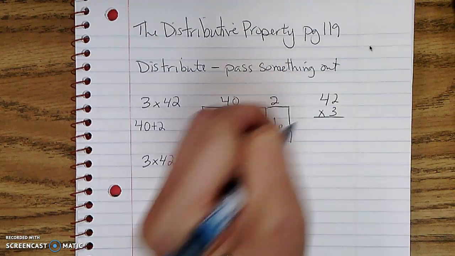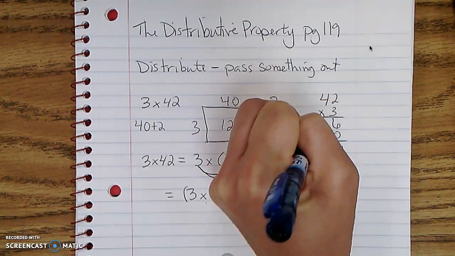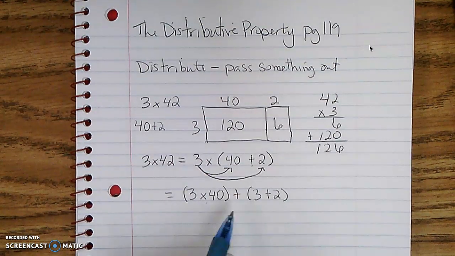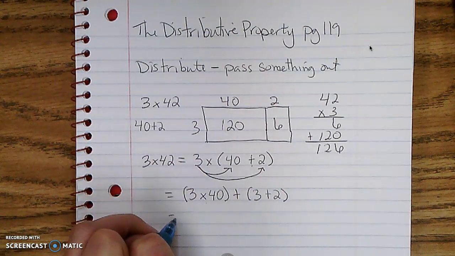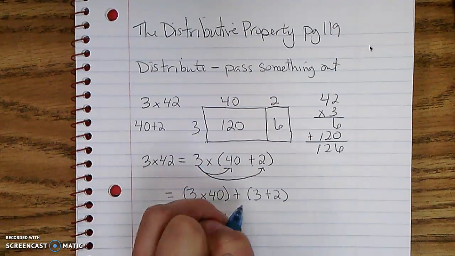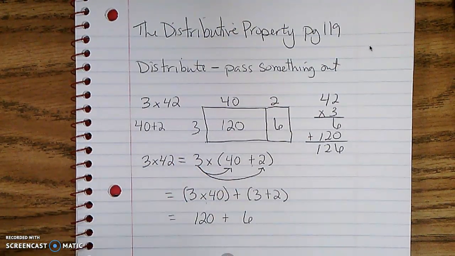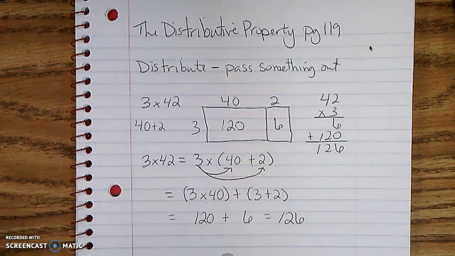So yesterday what we did was we took this and we added it. And that's basically what we're doing. We're doing the same thing here, but without the drawing, with just the equation. So then I would multiply this, and that would be 3 times 40 is 120, plus 3 times 2 is 6, and that would equal 126.